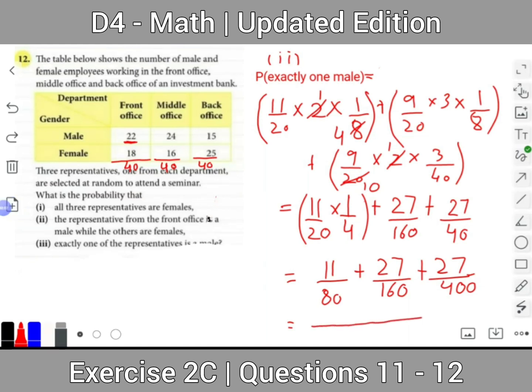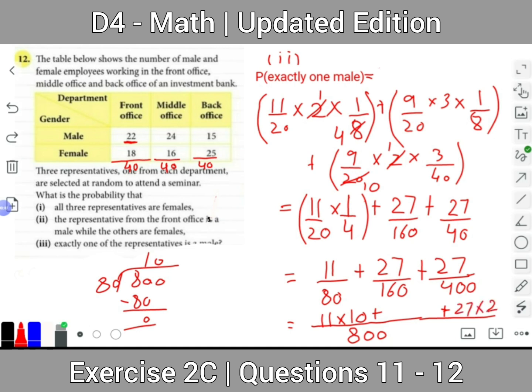Now after taking the LCM, we get the LCM 800, and now we're using the butterfly rule. So here we check that 80 divides 800 ten times. So 80 tens are 800, so here we have 11 multiplied by 10 plus, for the 400 into 800, sorry, we have 27 multiplied by 2, and now for 160.